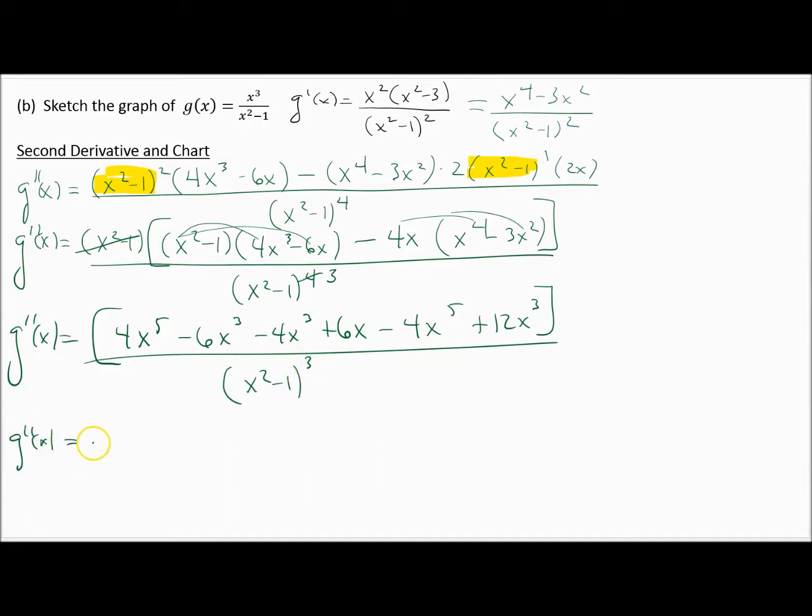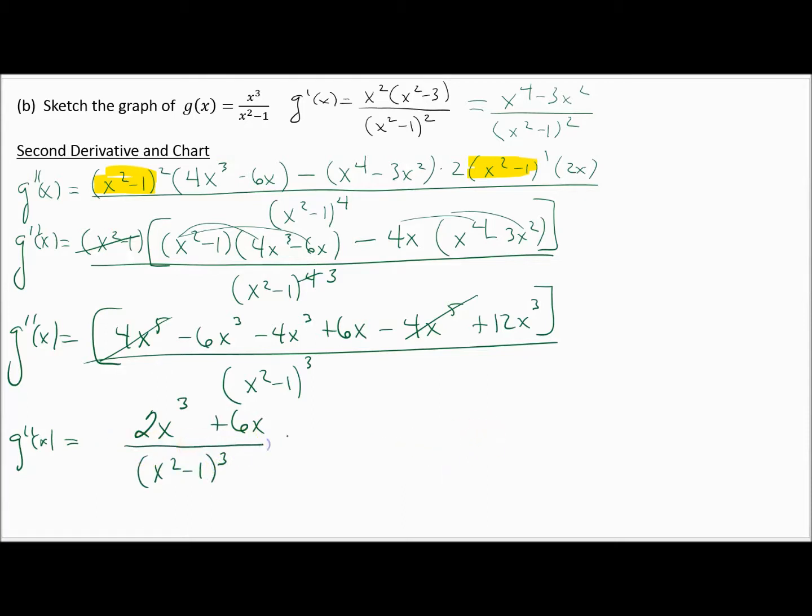Now algebraically, where does that leave us? I've got a 4x to the fifth and a minus 4x to the fifth. That's nice. I've got a minus 6x to the third and a minus 4x to the third, which gives me minus 10x to the third, plus 12x to the third is 2x to the third. And then I have a plus 6x over x squared minus 1 to the third.